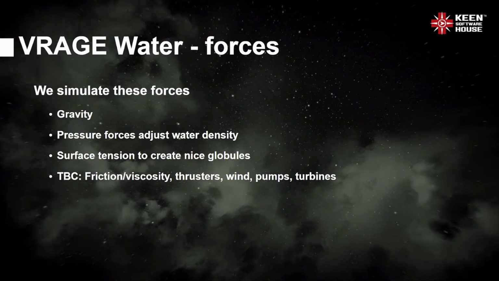These are the forces we are using for creating realistic water behavior, but we can introduce much more forces, like game forces, let's say, forces created by wind, environment, thrusters, turbines, whatever else. What you can see now as a cursor in the animation can be a ship thruster or anything else interacting with water.